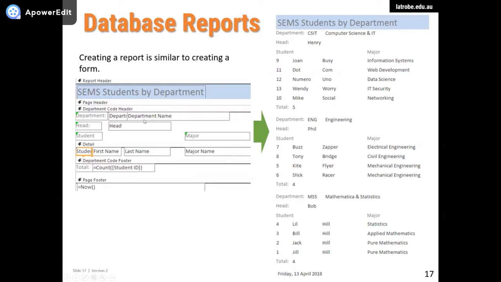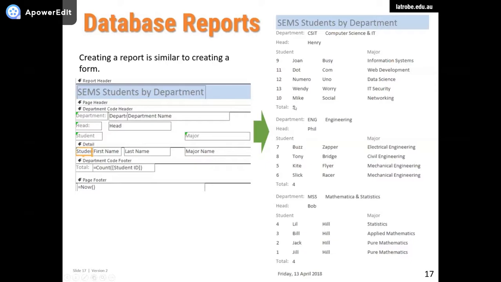And then it's the student's first name and last name, and major names. And then it's the count. So equals count student ID means how many students are in this category. For example, here it means 5 because we have 5 students here.